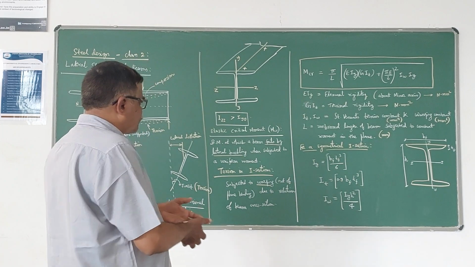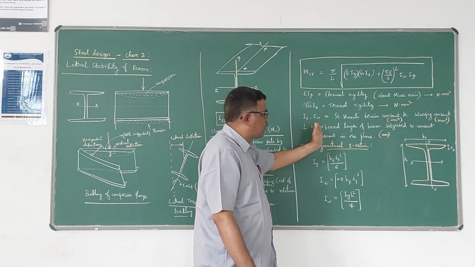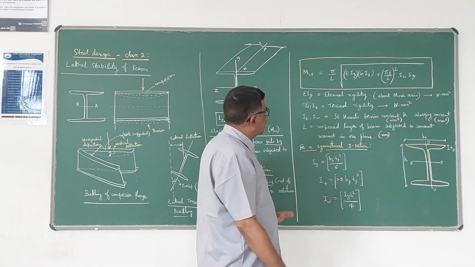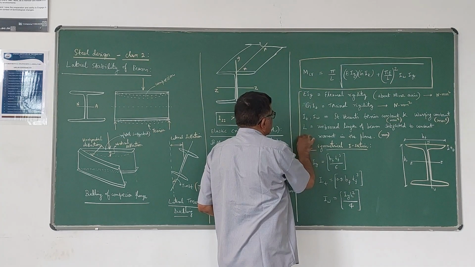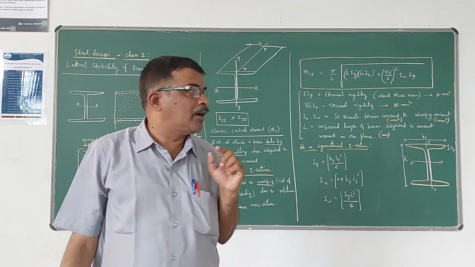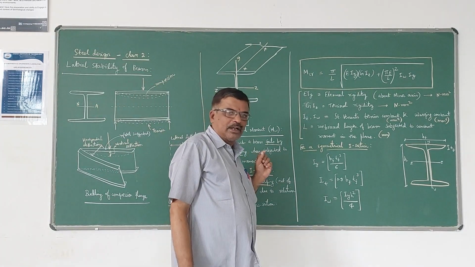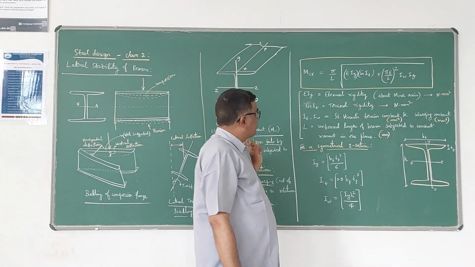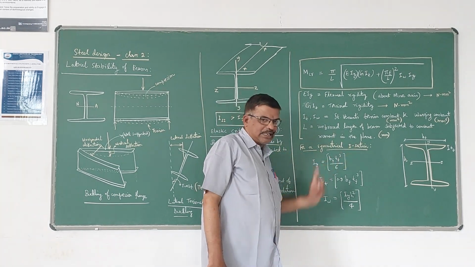Unrestrained means unsupported. These are the notations used in this formula. Once you know all these values, you can compute the value of elastic critical moment for that particular section by knowing the length.